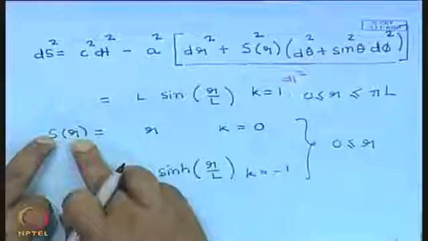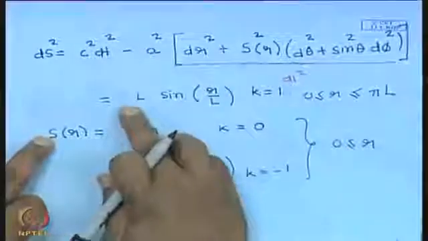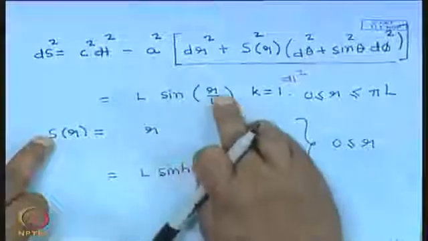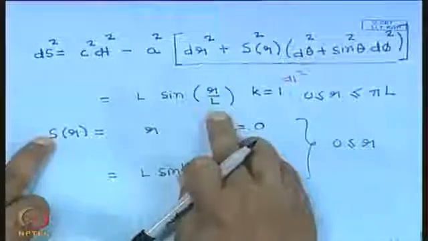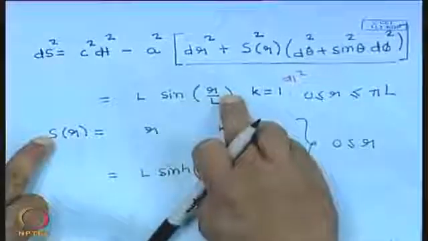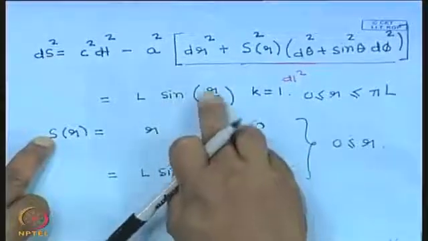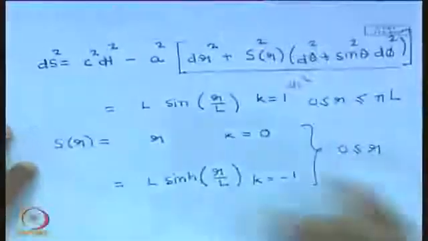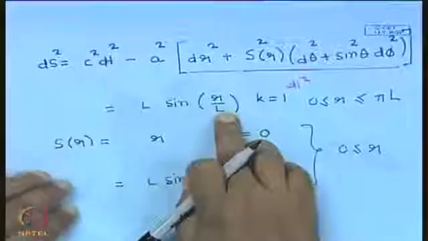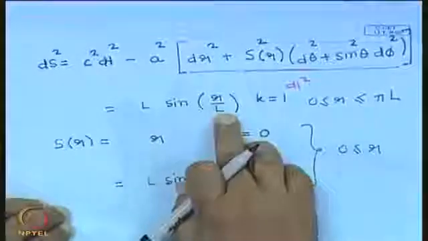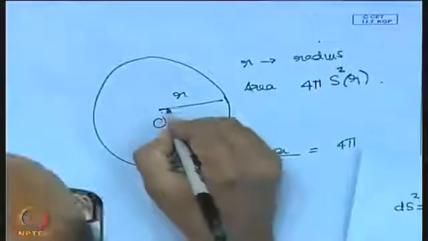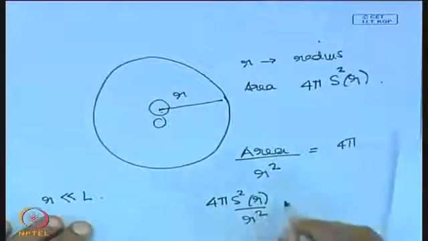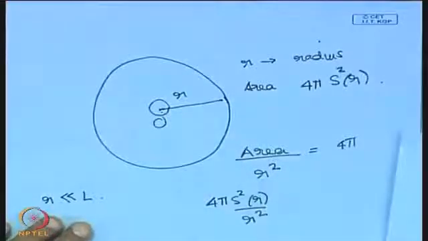This same function S of r is L sine r by L if it is positively curved. For small r, sine r by L is r by L, so it goes over to r. On length scales much smaller than the curvature, it is just like flat space. So if I consider a very small sphere, this ratio tends to 4 pi, the curvature has no effect.